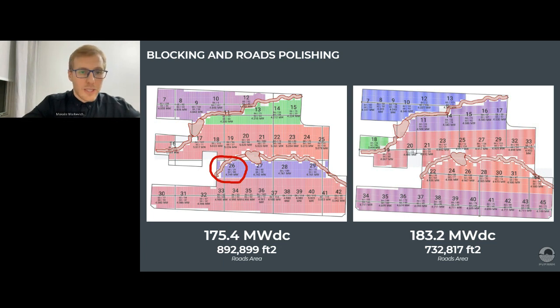The same situation is happening on block 29. We also see some free space here, and block 16 is also separated by the stream. We can see some other minor places where we would want an improvement.